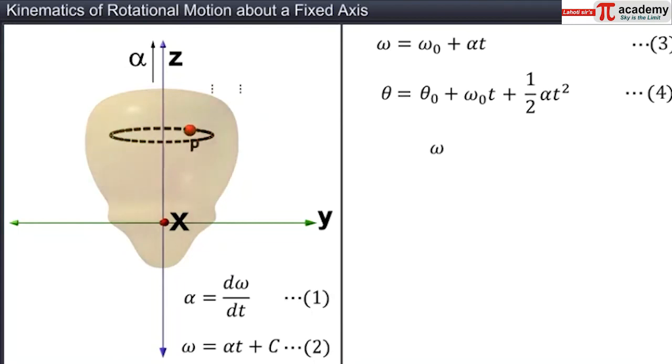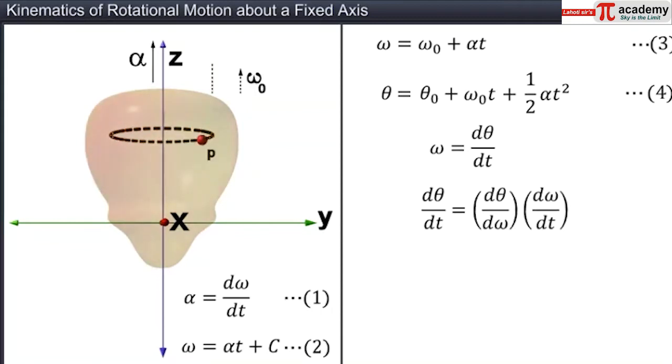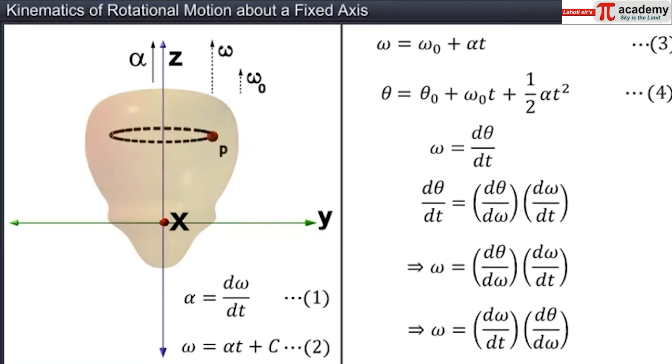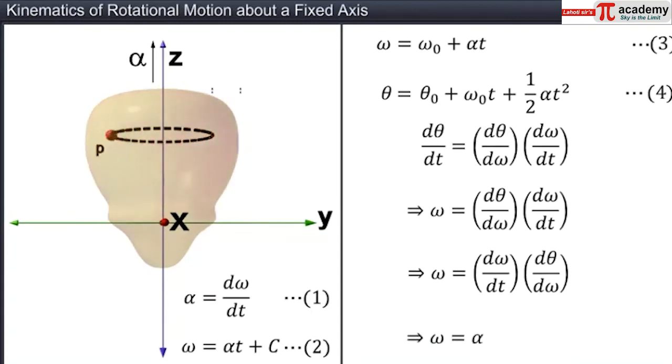We know that omega is equal to d theta by dt. d theta by dt can also be written as d theta by d omega into d omega by dt. Therefore, omega is equal to d theta by d omega into d omega by dt, which is equal to alpha into d theta by d omega.